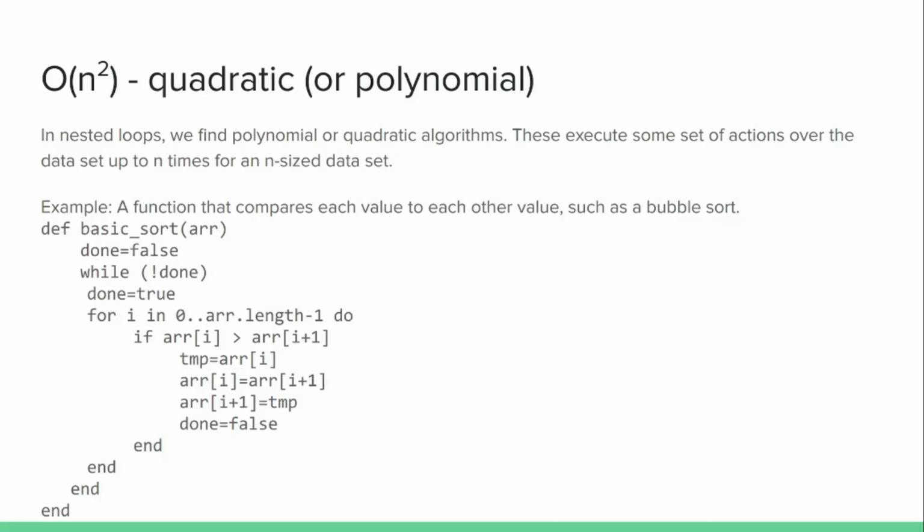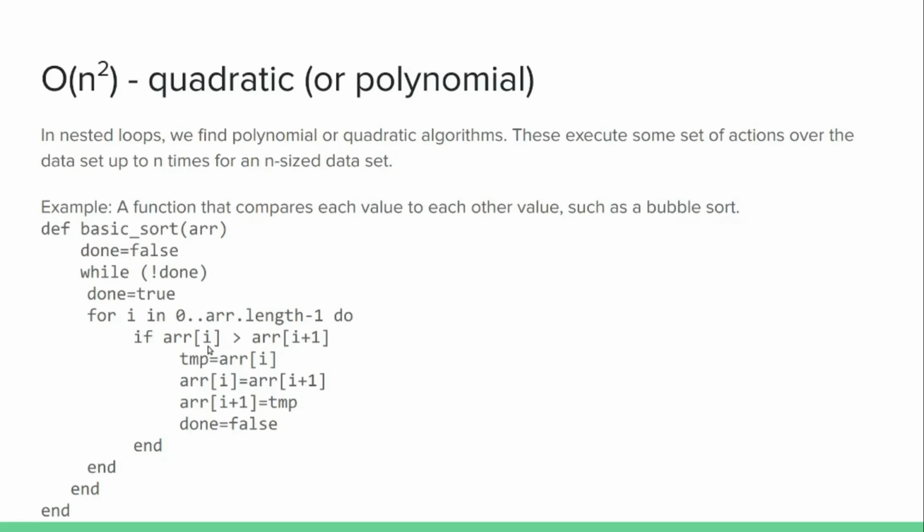In a bubble sort algorithm, we typically have an outer while loop that executes until we have gone all the way through the array and there are no more items to swap. In the inner loop, we look at each element of the array, and if we're sorting in ascending order, then we check to see, is this item bigger than the next item?